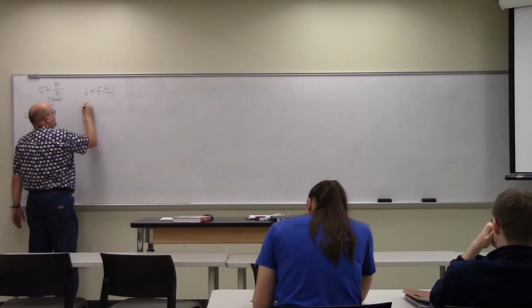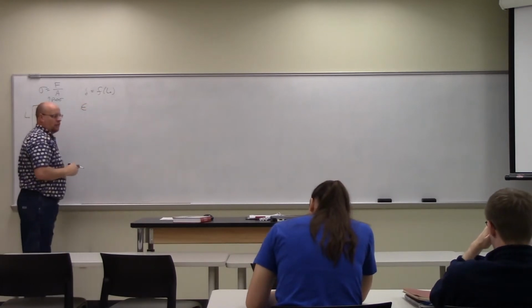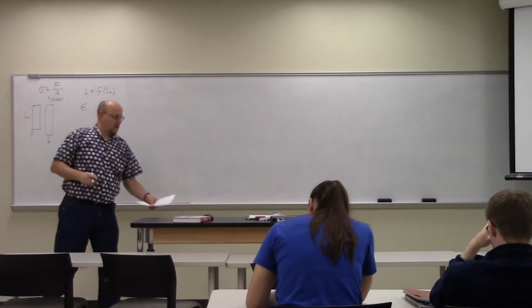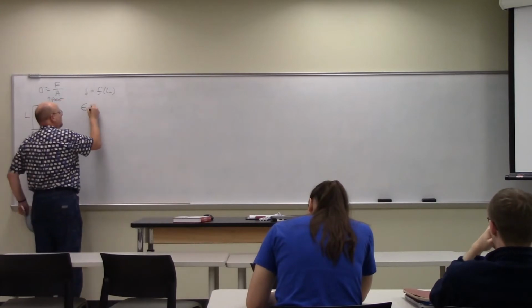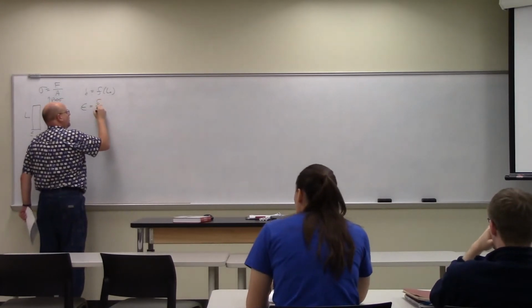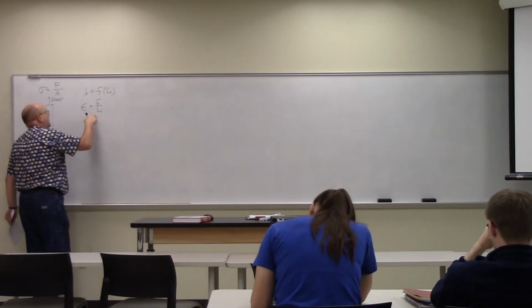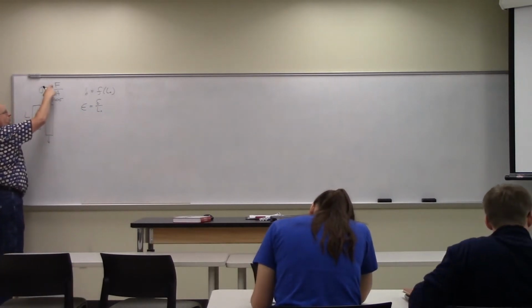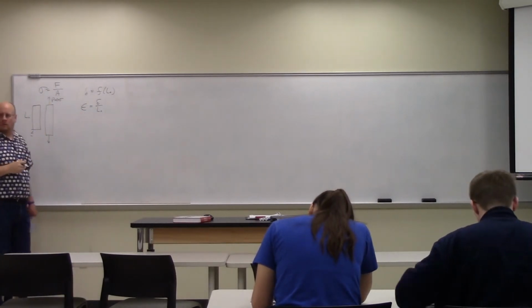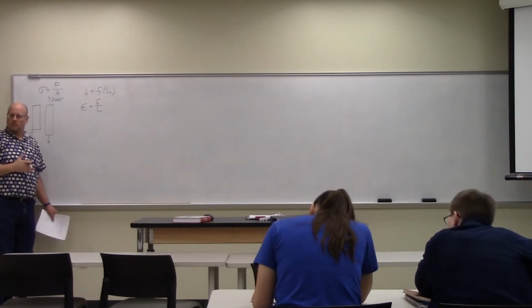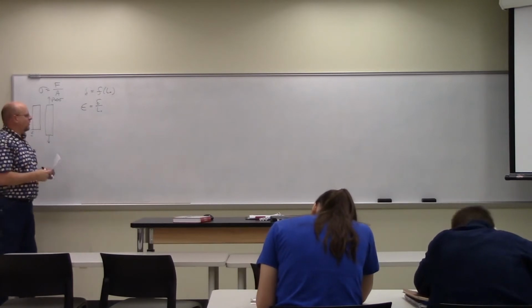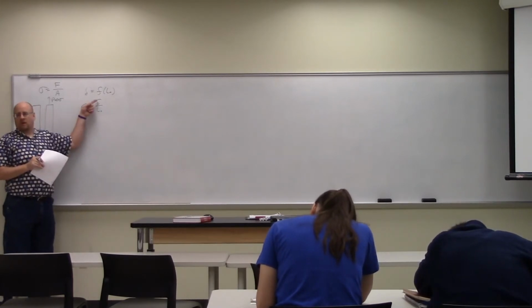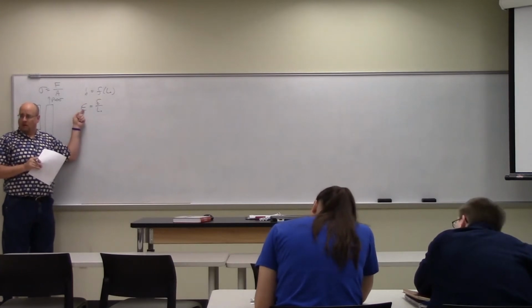So what we do is we define strain using an epsilon as the ratio of delta to L naught, just like stress was the ratio of force to unit area. So that if I double the initial length, I'll get double the delta and still have the same strain.